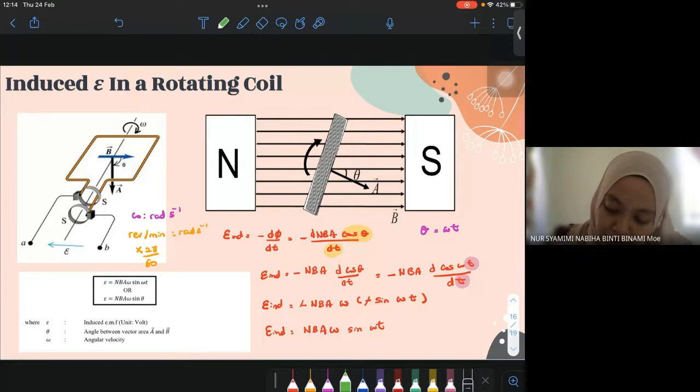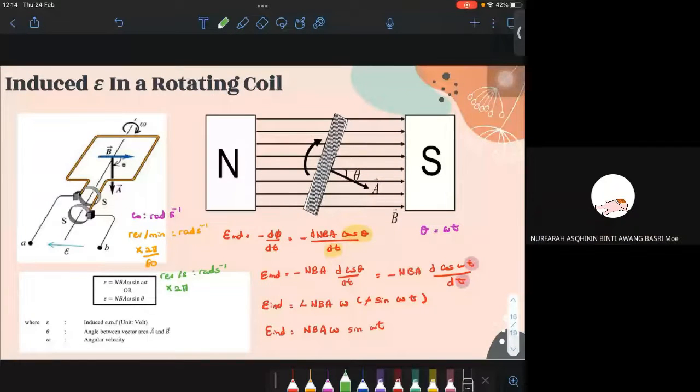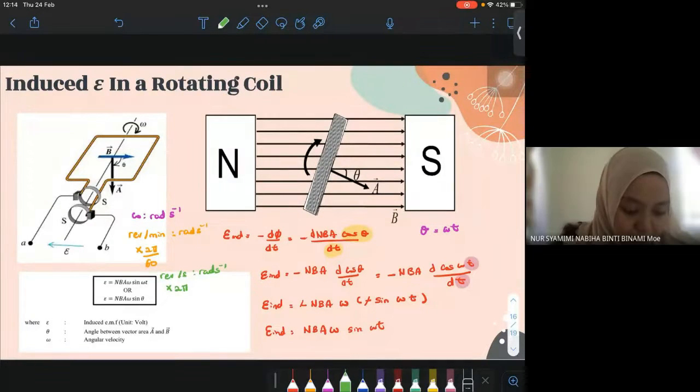Tapi kalau soalan bagi revolution per second, dia minta radian per second, kamu perlu darab dengan 2 pi sahaja. Okay, so itu ialah induced EMF untuk rotating coil. Boleh? Boleh, madam. Terlalu banyak tak benda yang kamu belajar ini?